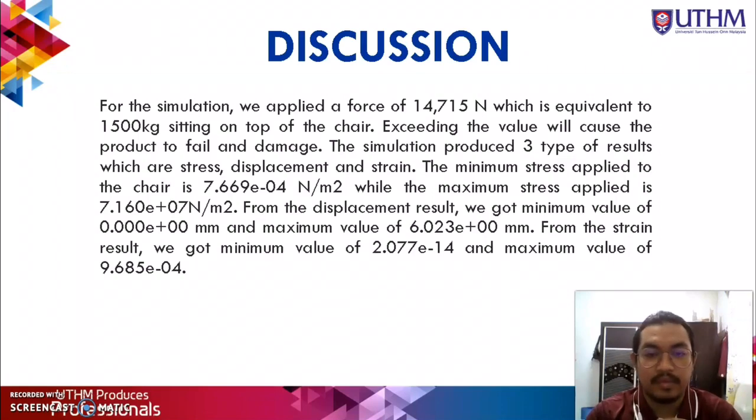For the displacement, the minimum value is 0 and the maximum value is 6.023 mm. For the strain result, we got a minimum value of 2.077 × 10^-14 and a maximum value of 9.685 × 10^-4. Okay, that's all from me.